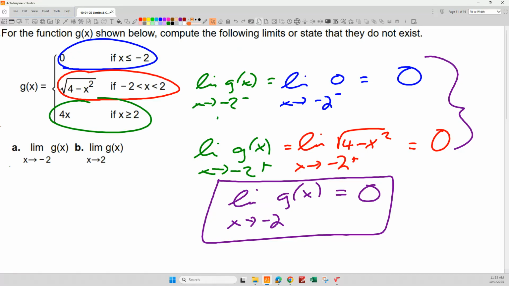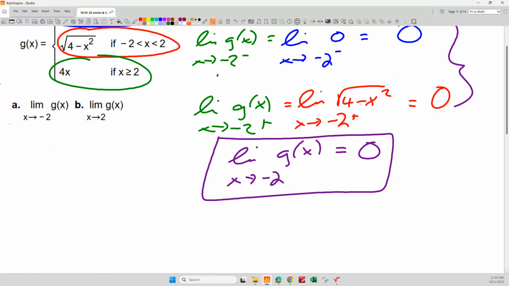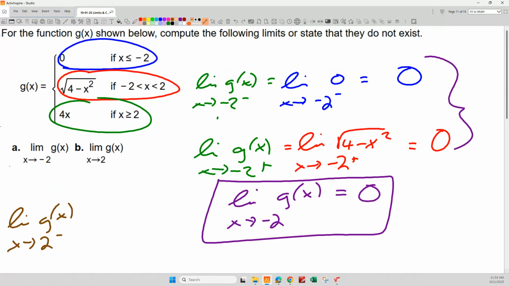Okay, so as x approaches 2. So now, let's try this one. The limit of g of x as x approaches positive 2 from the left, which domain am I in? Red, blue, red, or green? Red, right? Everybody agree?